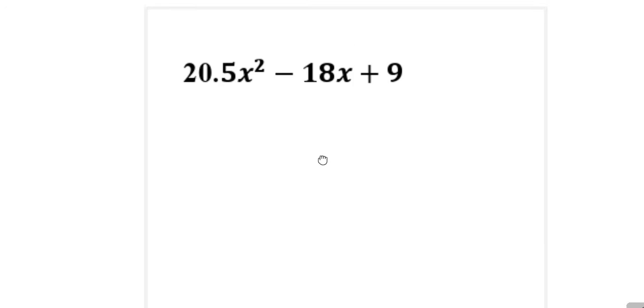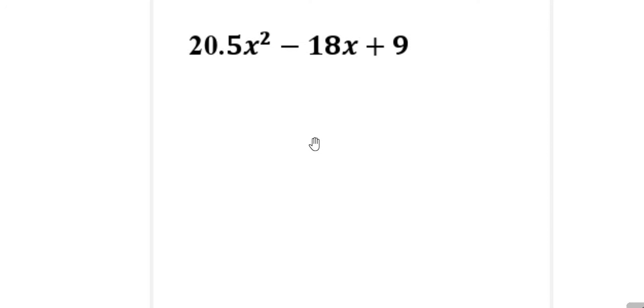Problem number 20. Your Algebra 2 teachers are going to show you some super nifty shortcuts to these types of problems. I'm going to go at a more traditional method, and the instructions here were simply to factor.